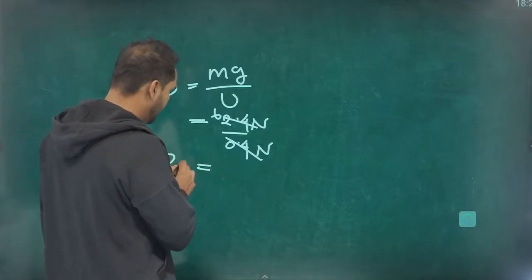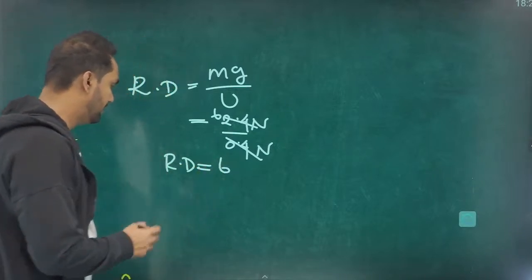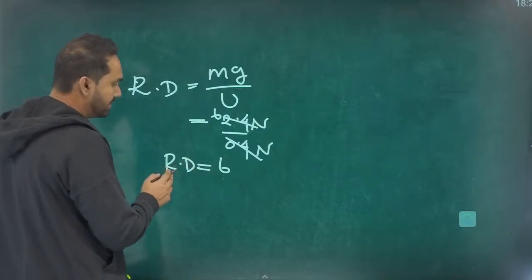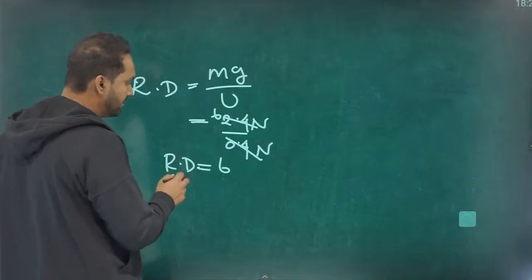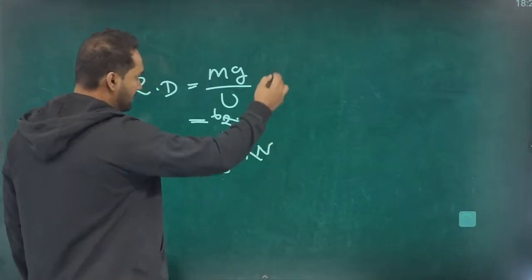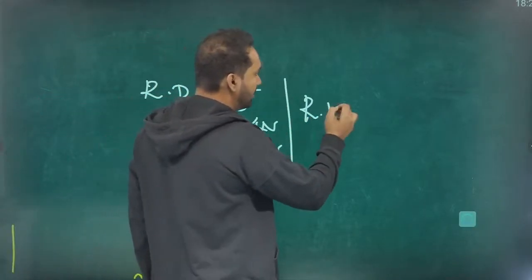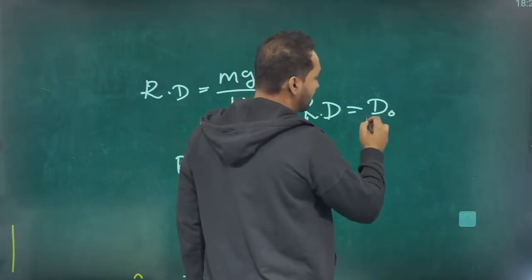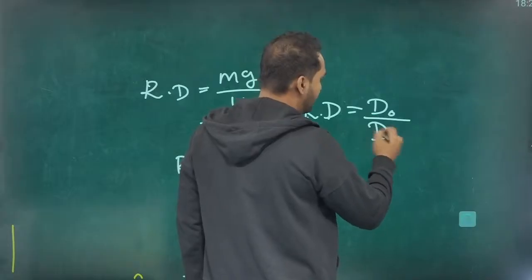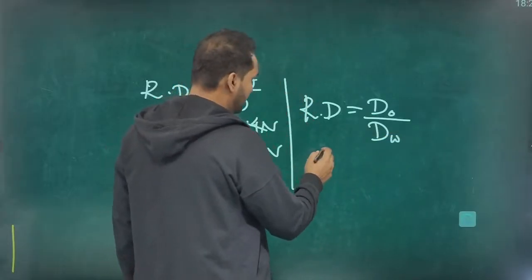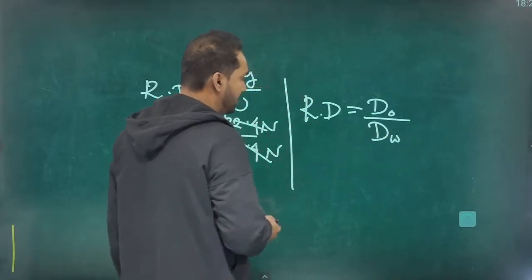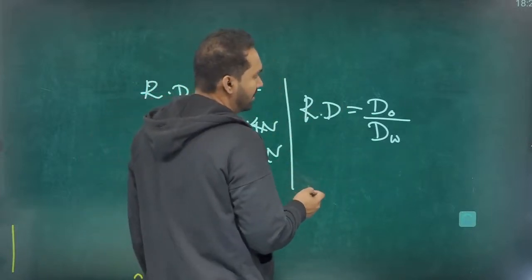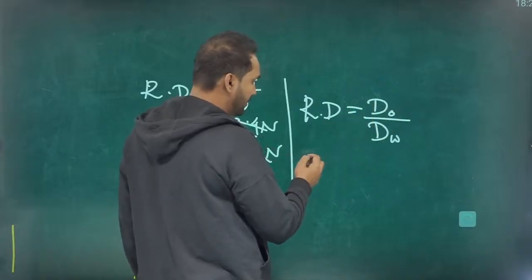So the relative density is 6, which means the density of the object should be relative density multiplied by 1000, because relative density is the density of the substance, or let's say the object, divided by the density of water, right? So if you cross multiply the relative density of any substance by the density of water, you'll get the density of the object or the substance, right?